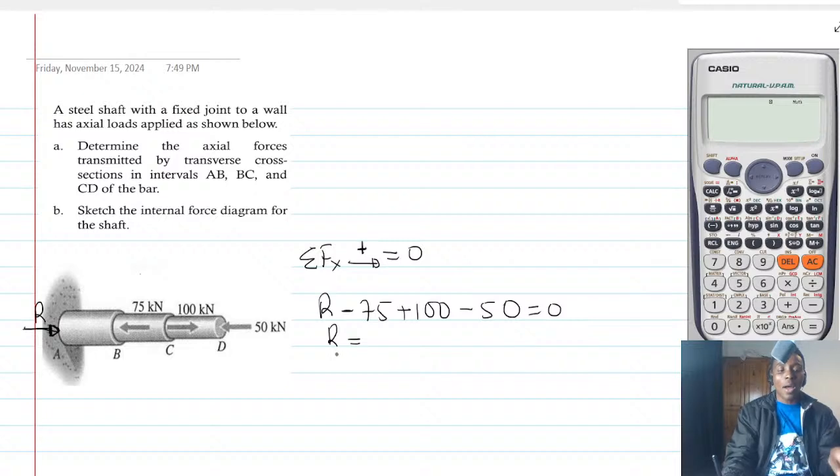If you solve for R, minus 75 plus 100 minus 50, that is minus 25. So minus 25 kilonewton.